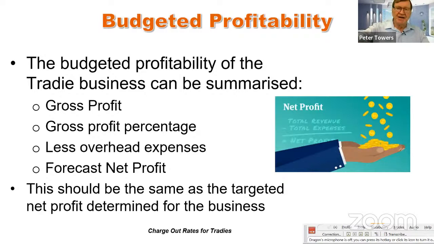It should be compared on benchmarks to other similar businesses. And then you can deduct the overhead expenses, so you've got a forecast net profit. And this should be the same as the targeted net profit determined for the business, which we said originally would be $40,000.